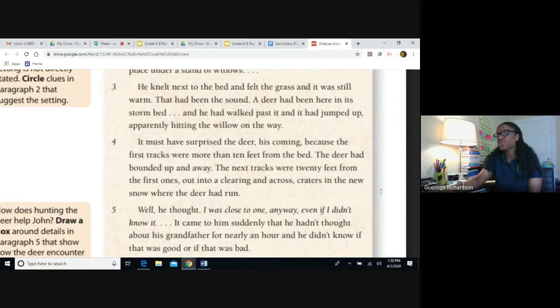The next tracks were 20 feet from the first ones, out into the clearing and across, craters in the new snow where the deer had run. Well, he thought, I was close to one anyway, even if I didn't know it. It came to him suddenly that he hadn't thought about his grandfather for nearly an hour, and he didn't know if that was good or if that was bad.